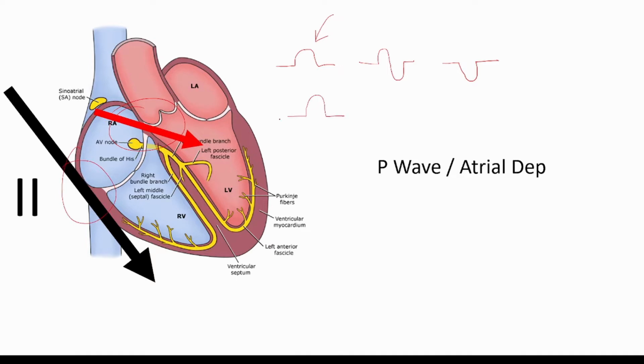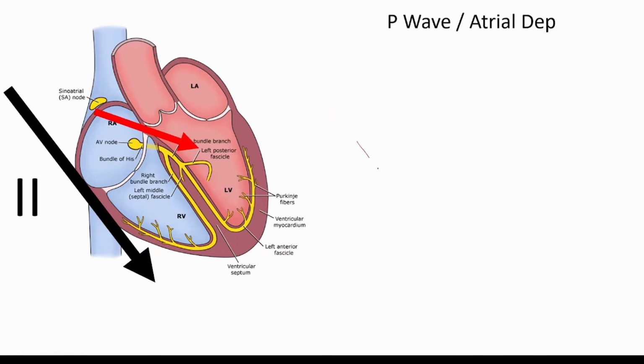But you may be saying, why does it actually move like this? What's making this atrial depolarization move in this particular direction? Okay, so let's talk about that. So I'm going to draw a quick diagram to illustrate why do we get this particular movement.